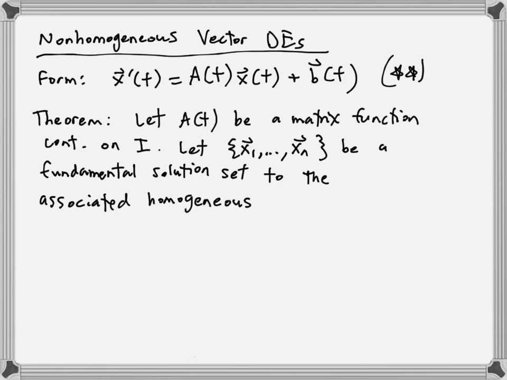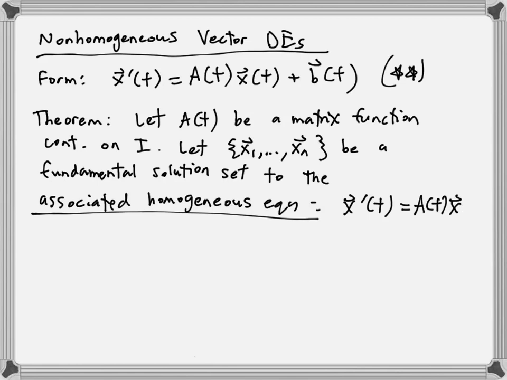Remember this? Okay, so yes, we look at the associated homogeneous equation, where you just essentially pretend the b of t is not there, and let's suppose that x1 to xn are all of the solutions, okay?